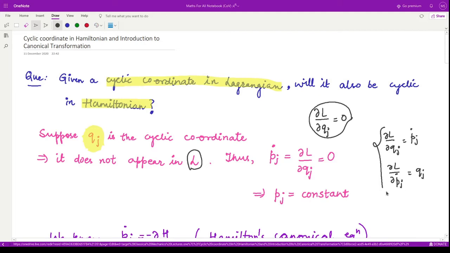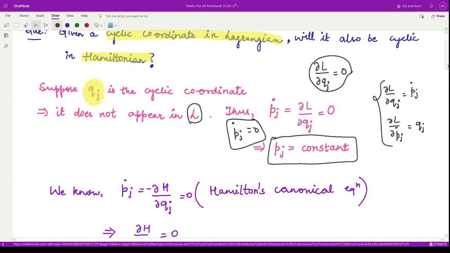So these two expressions we already know. From these expressions we get pj dot equal to 0. That means when you integrate with respect to time, you get pj as some constant. So the corresponding momentum is a constant.